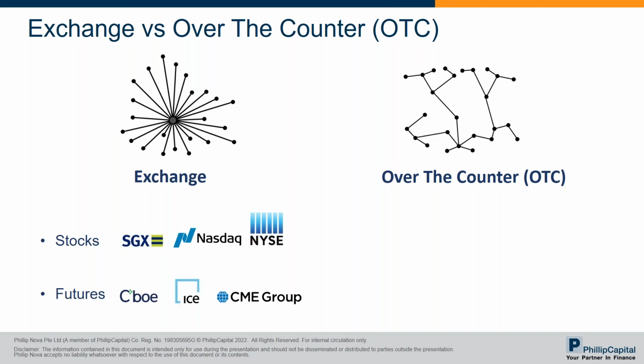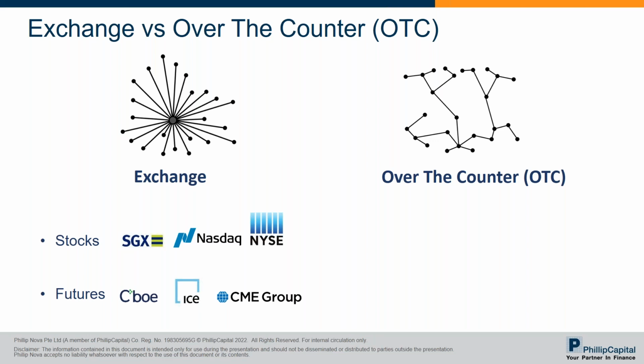If you want to trade stocks or futures, you will go to a centralized location, a central exchange like SGX, Nasdaq, NYSE. Buyers and sellers go through this centralized location and change hands. Buy, sell, buy, sell, we come to the same place. When the market is closed, you cannot trade anything. So you are fixed to that central location and that time frame.